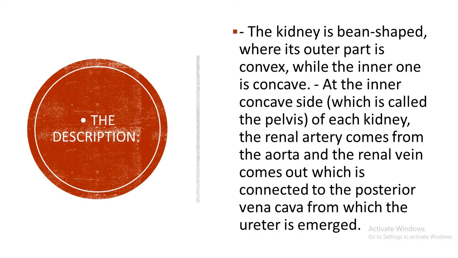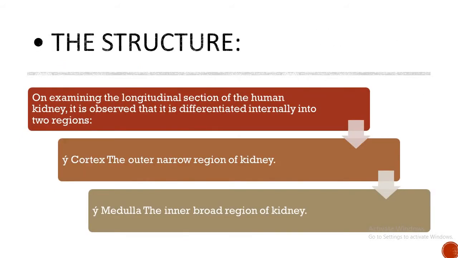Here is the description of the kidney. It has a convex shape from the outer side and a concave shape on the inner side, and inside the concave shape it has the pelvis. This pelvis collects the urine to go to the ureter, and after that to the urinary bladder.